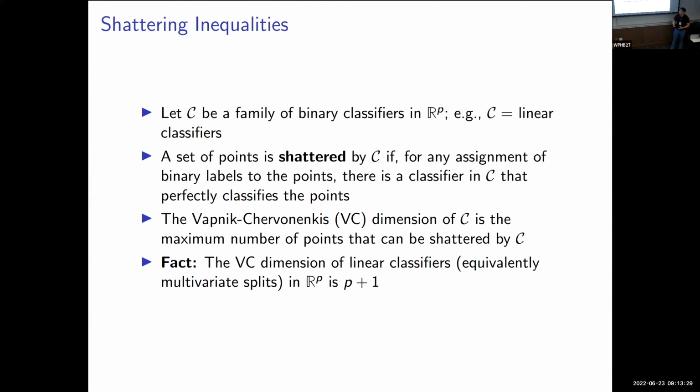And the VC dimension of CalC is the maximum number of points that can be shattered by CalC. Part of this definition involves being nice about how you place the points and asking, can you shatter these points? And the fact is for linear classifiers, which are equivalent to our multivariate splits, the VC dimension is P+1.